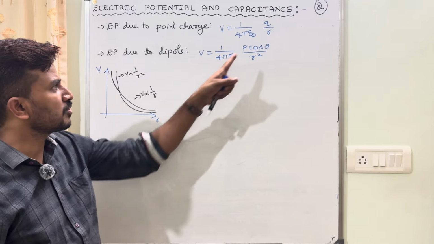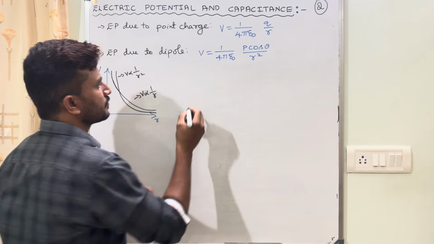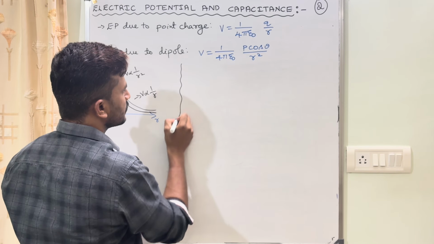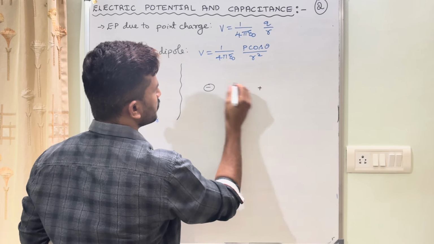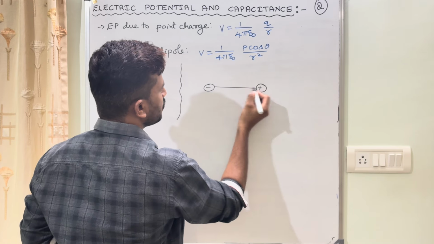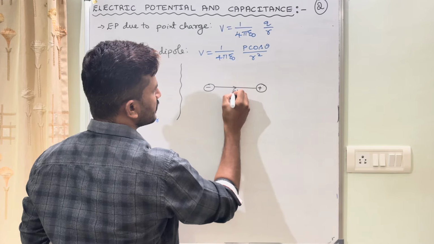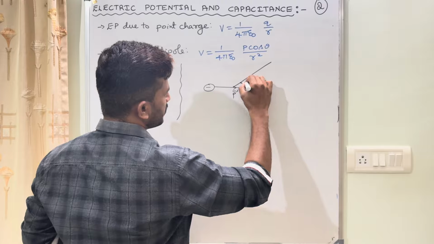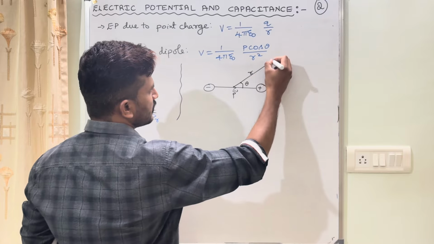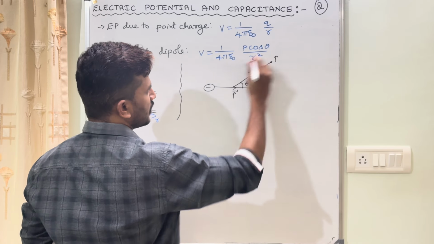Now, sir, what about theta? If you consider a dipole, negative charge, positive charge, the dipole moment is given like this, right? So this theta is taken with respect to dipole moment. This is r, right? So point P, this is r1, r2.